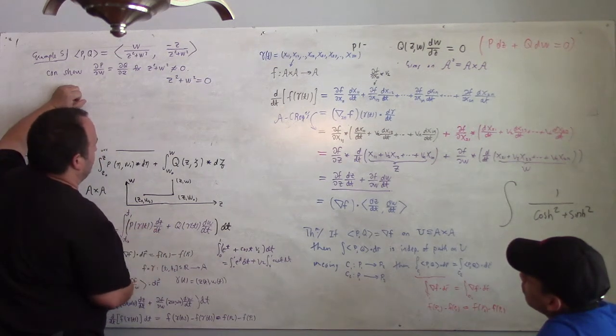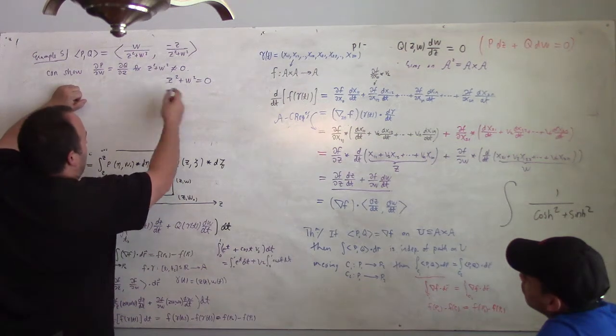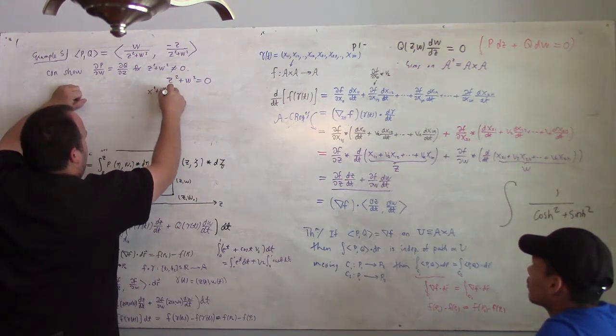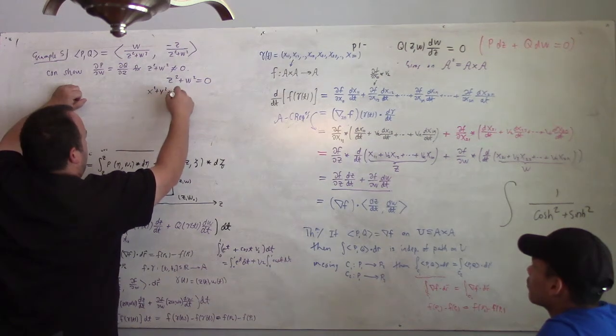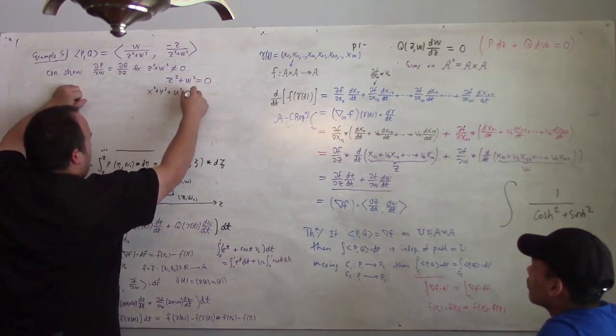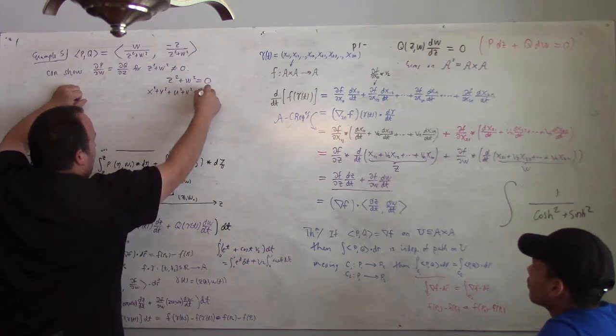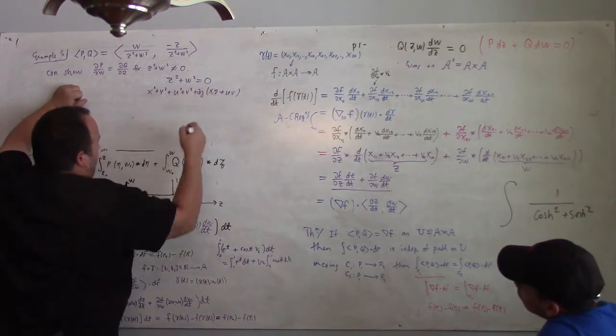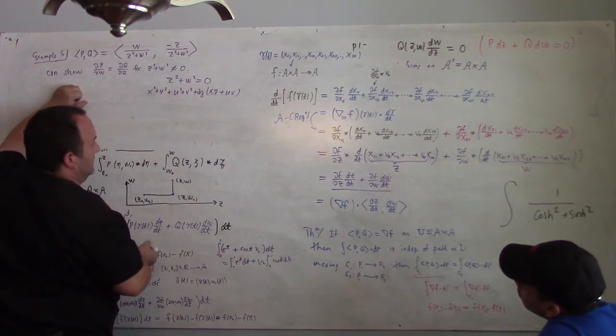But of course, you can. This is like x squared plus y squared plus u squared plus v squared plus j times 2 times xy plus uv, something like that, equal to 0.